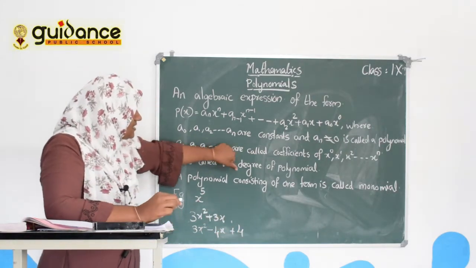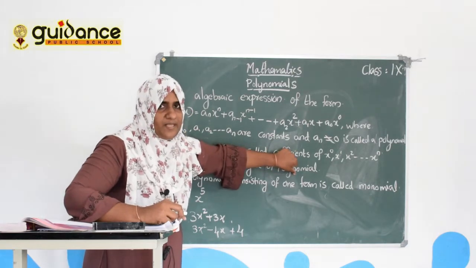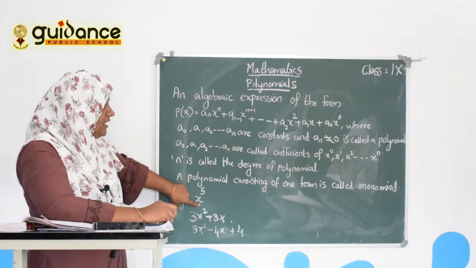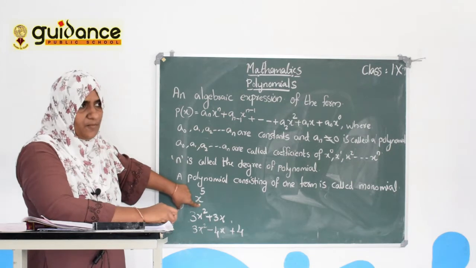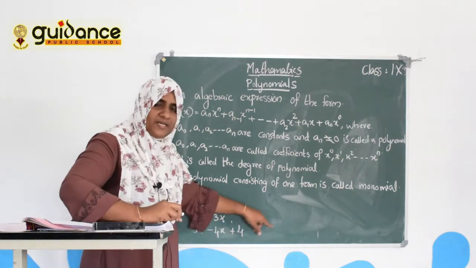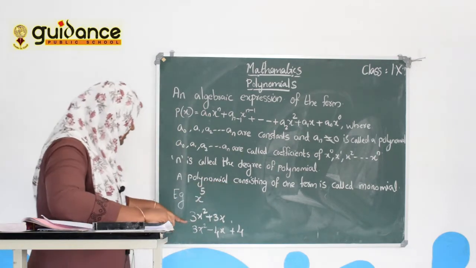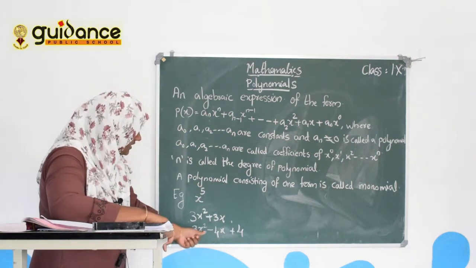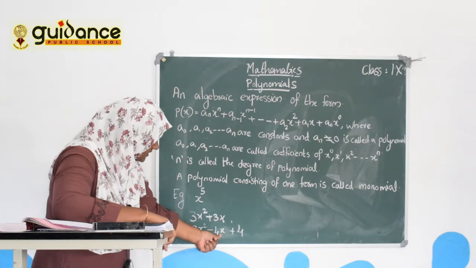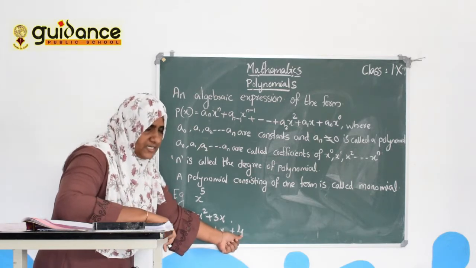A polynomial consisting of one term is called a monomial, two terms a binomial, and three terms a trinomial. Here the three terms are 3x square, the first term, minus 4x, the second term, and 4, the third term.